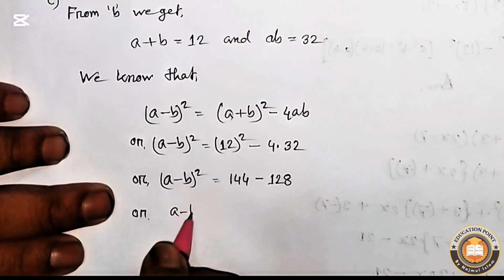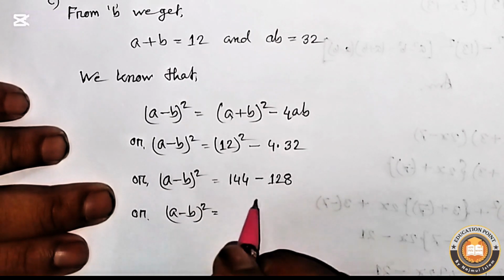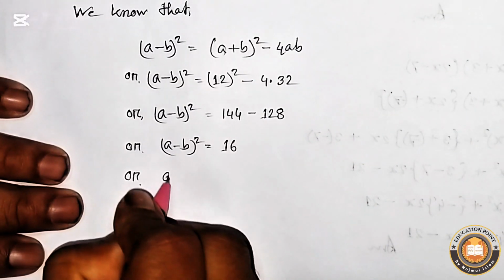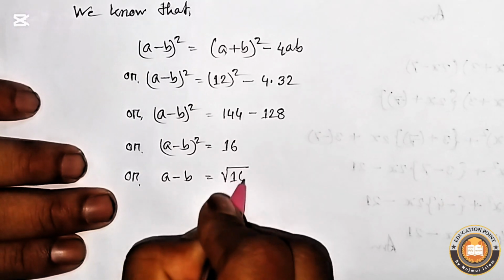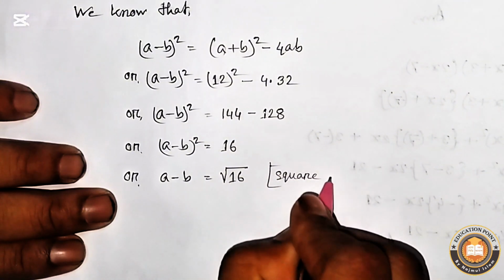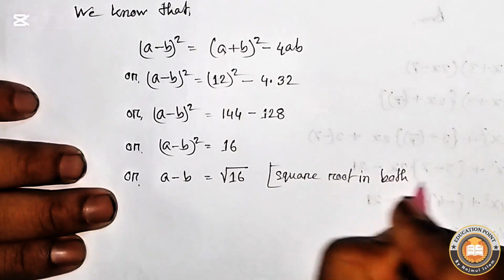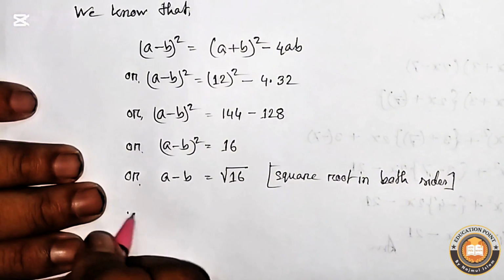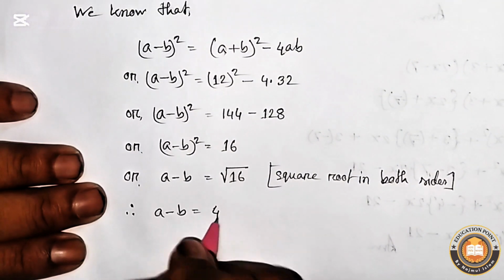Or (a - b) whole square equals the subtracted value of 144 and 128, which is 16. Or a - b equals root over 16, taking square root on both sides. So a - b equals root over 16, which equals 4.